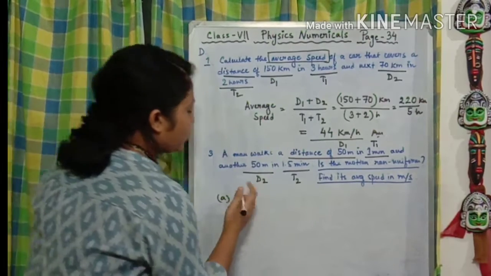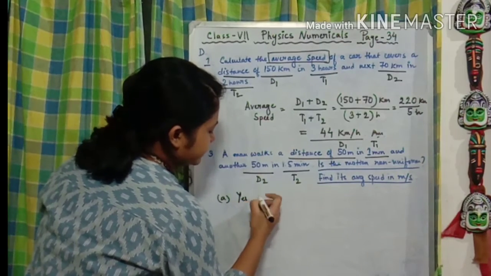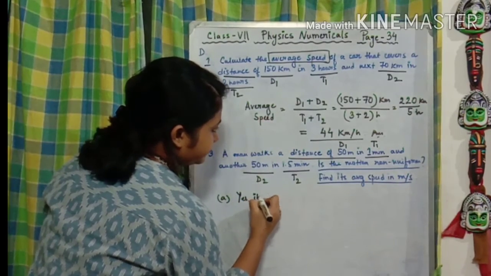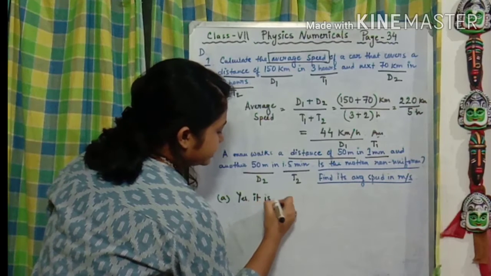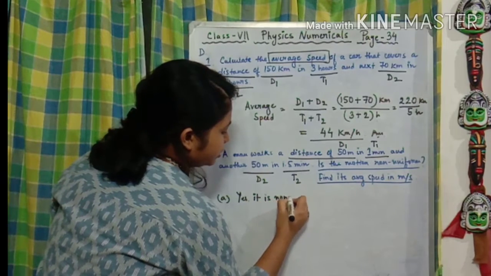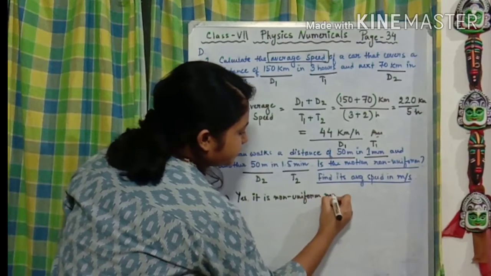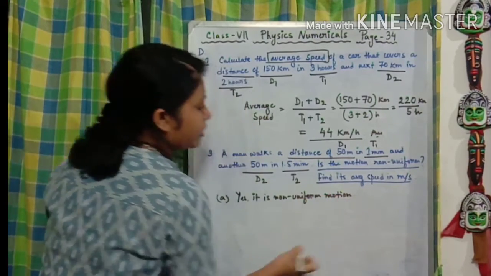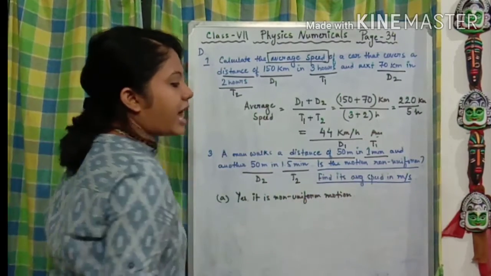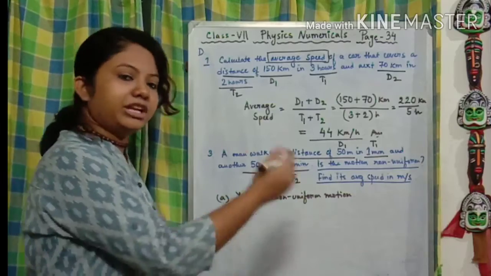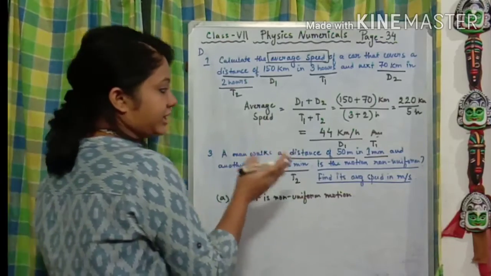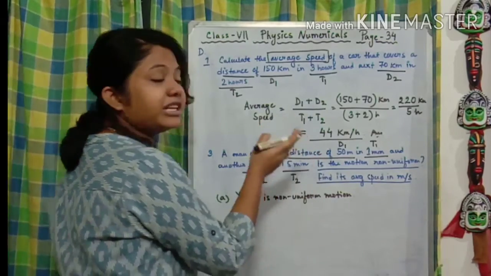So here we write yes, it is non-uniform motion. Now after that, we have to find the average speed of them in meter per second. You can see one thing very clearly, that the time has been given in minutes.